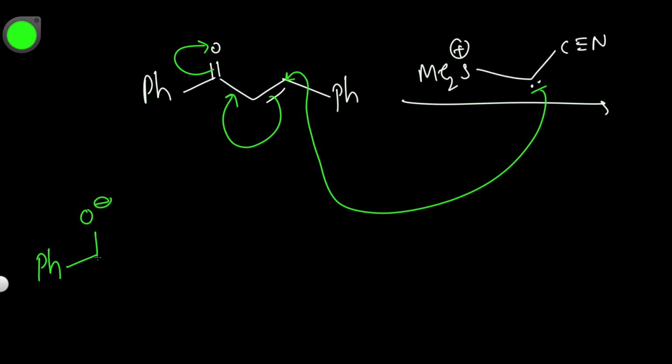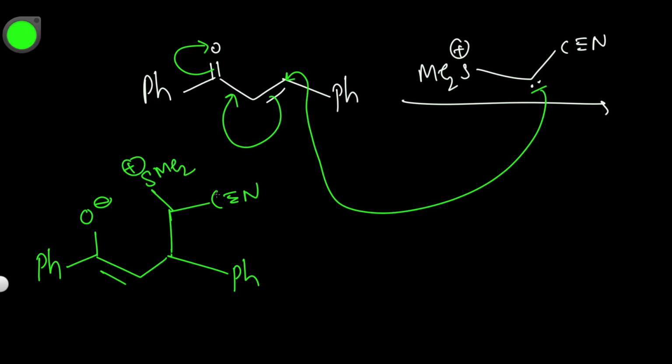Here is an O minus, and here is a double bond, and here is a Ph. Here we have C triple bond N, and here is an SMe2 positive charge.